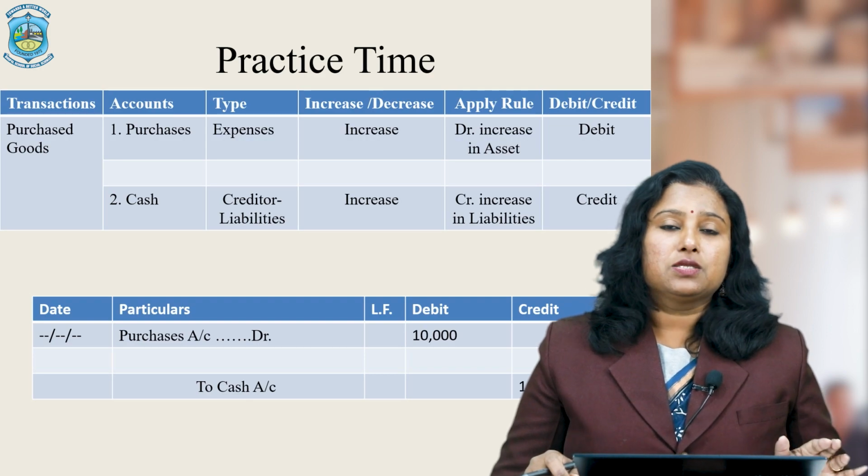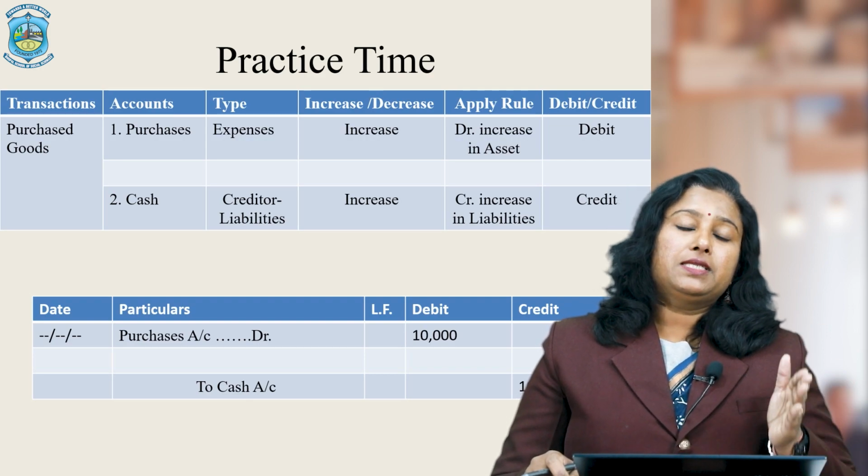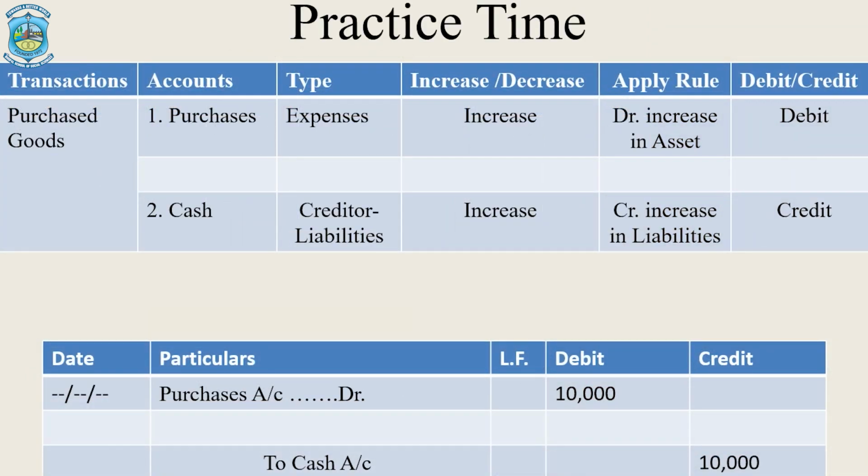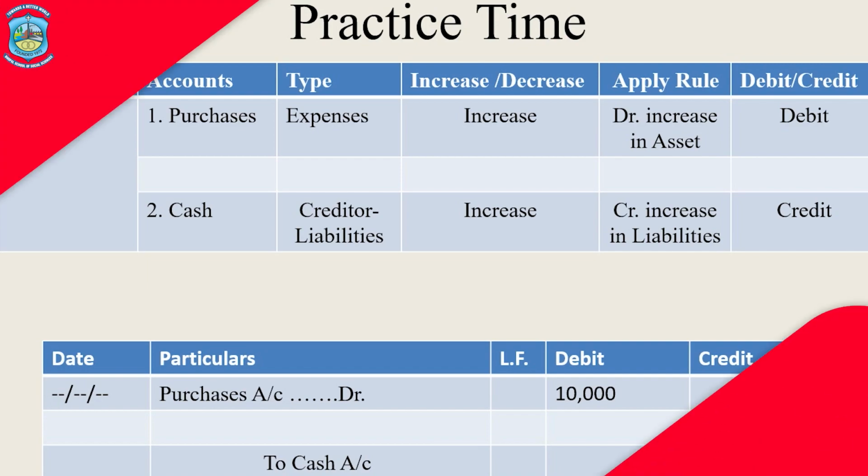If the party's name has not been mentioned, then we will take it as a cash purchase. Now in this case, purchases account and cash account, these two accounts are getting affected, one being expense and cash account being asset. Now the rule says that increase in expenses are debited and decrease in assets are credited. Therefore, the simple journal entry will be purchases account debited to cash.